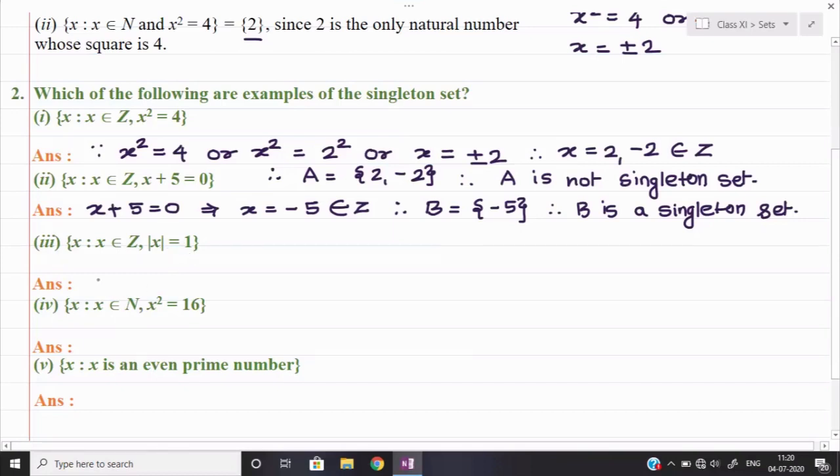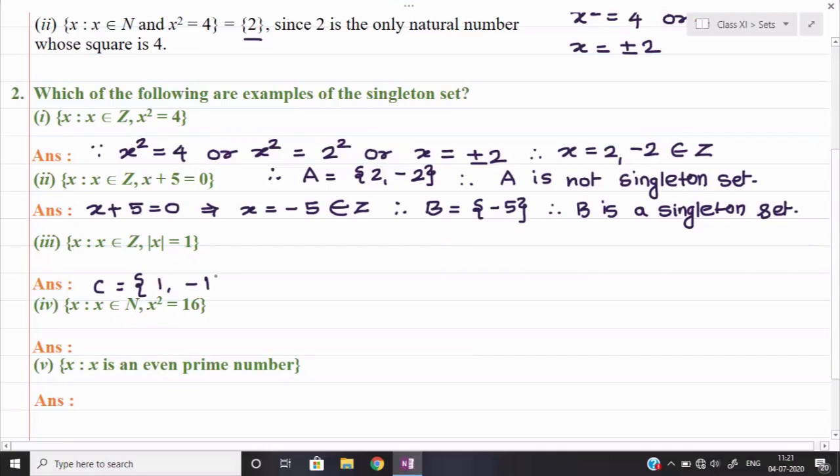is equal to 1. So for example, if I write down the elements of C, see, one value I can take is 1 because mod of 1 is equal to 1. But if I take minus 1, mod of minus 1 is also equal to 1. And 1 and minus 1 are both integers also.